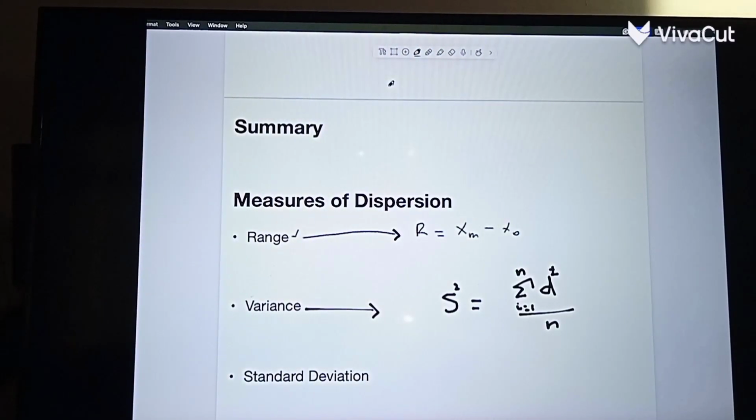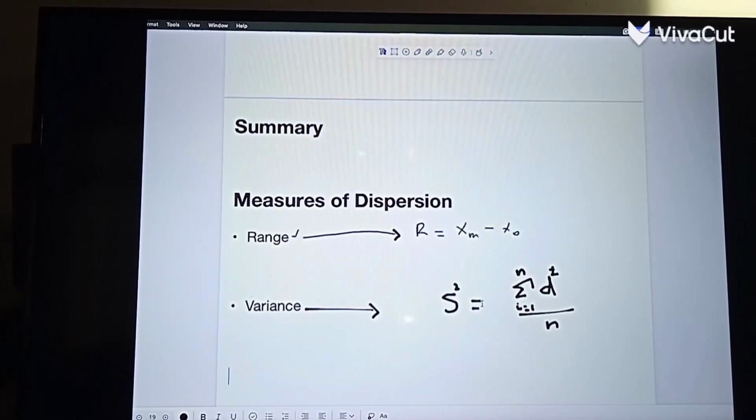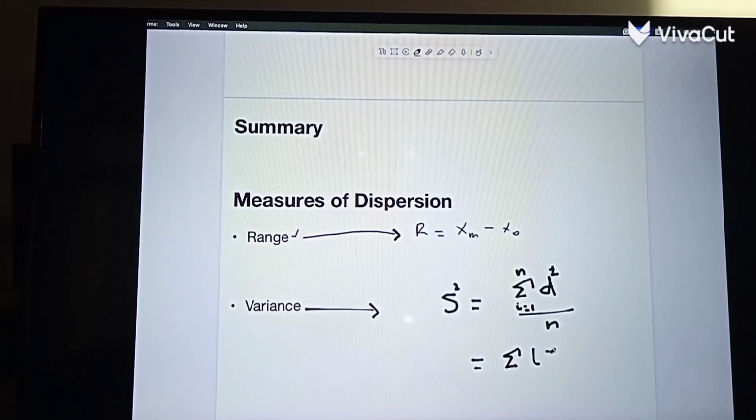Now this can be further explained as summation, where d is the deviation of each observation from the mean.